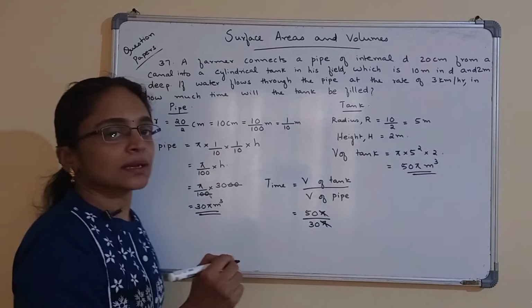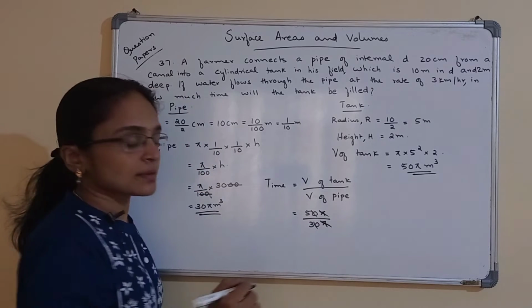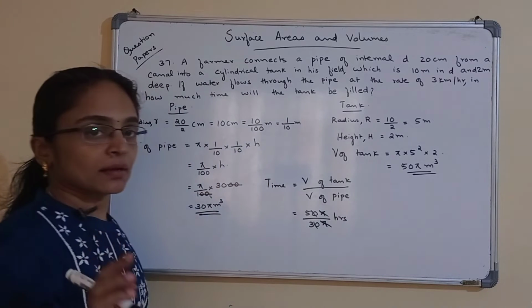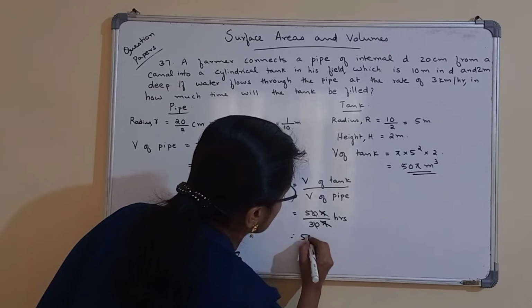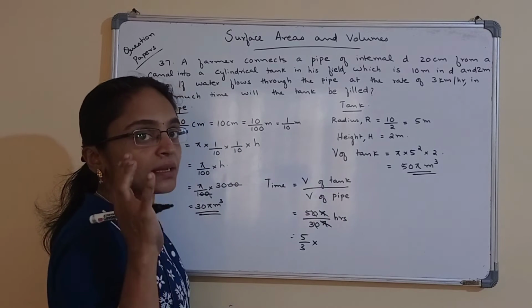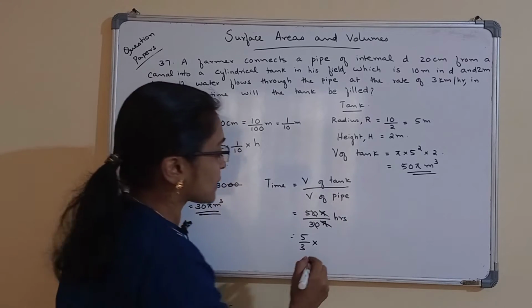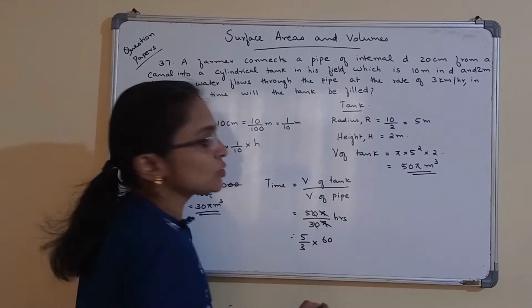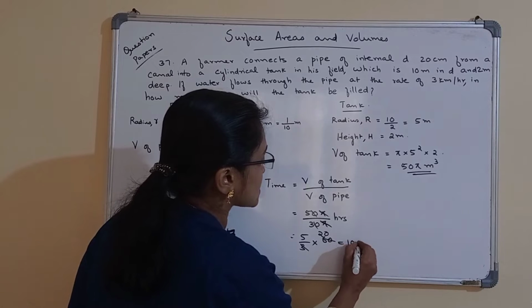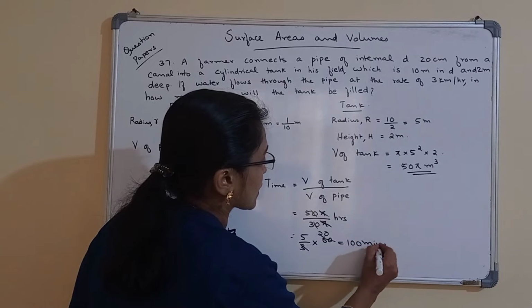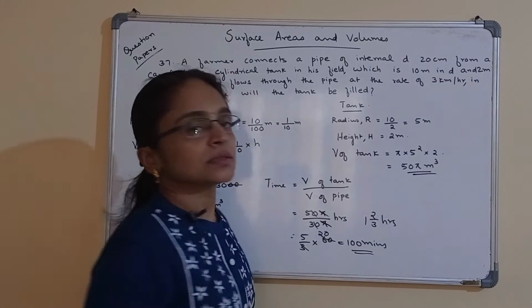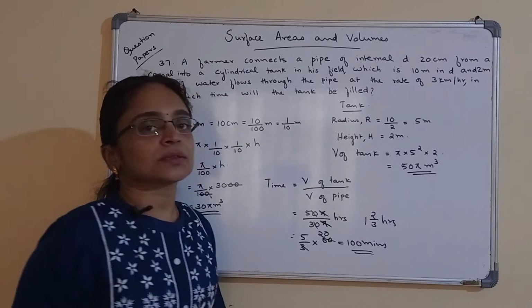Pi and pi will get cancelled, 0, 0 will get cancelled. That is 5 by 3 hours it will take, which means 5 by 3 into, we can multiply by 60 to get the time in minutes. So, 5 by 3 into 60, which is equal to 100 minutes. 5 by 3 hours is 1, 2 by 3 hours, which is 100 minutes.